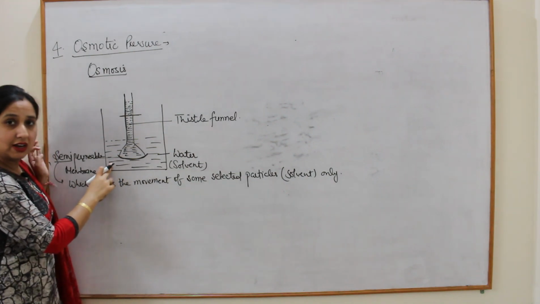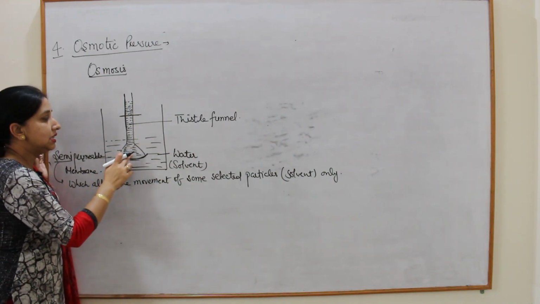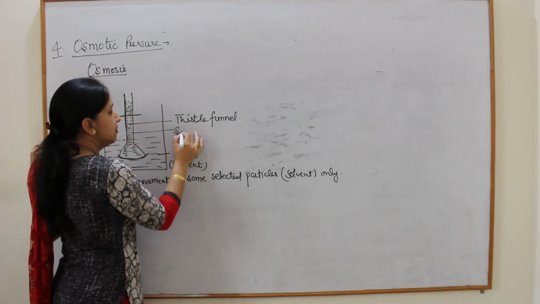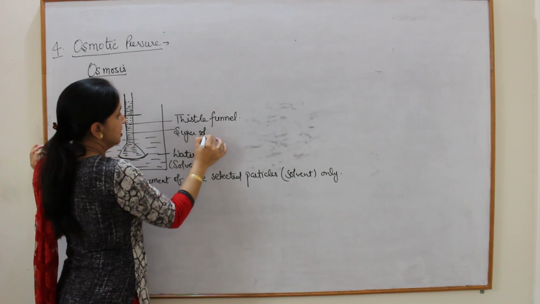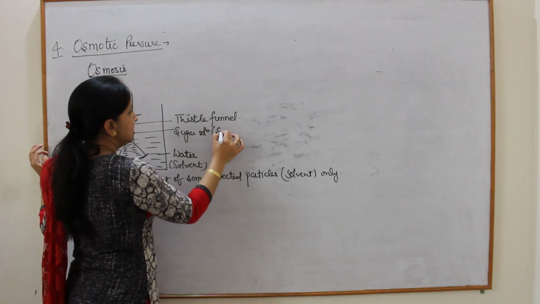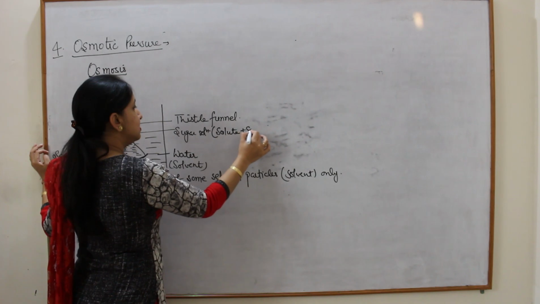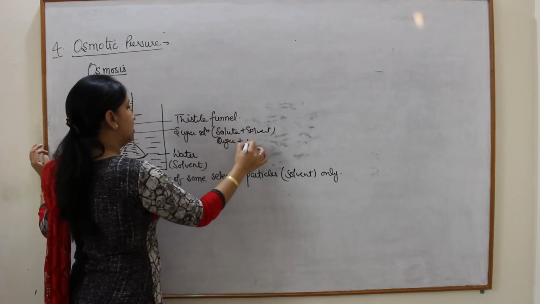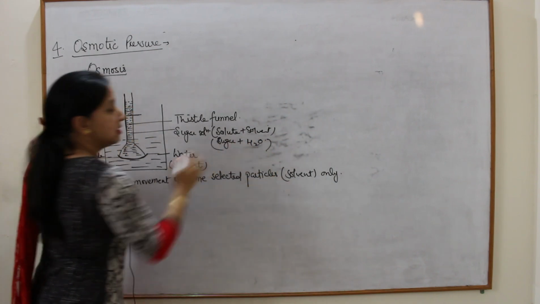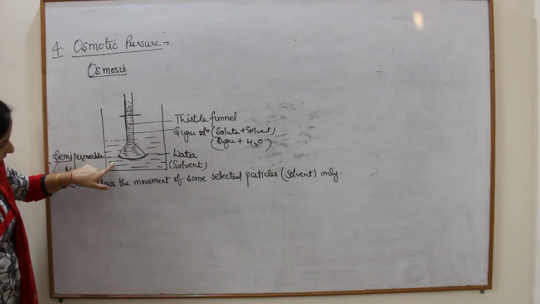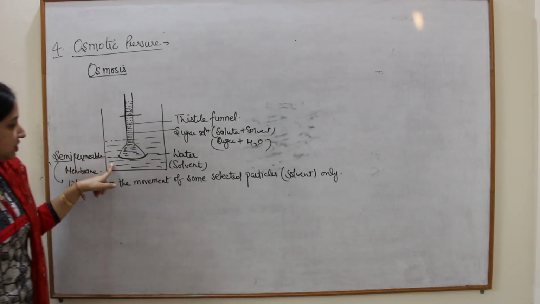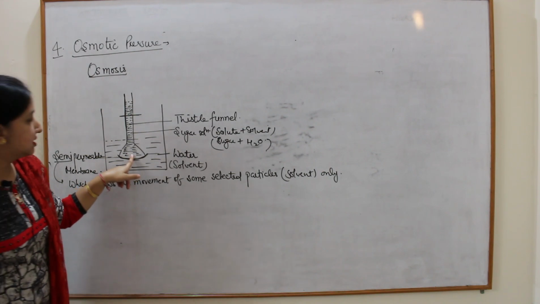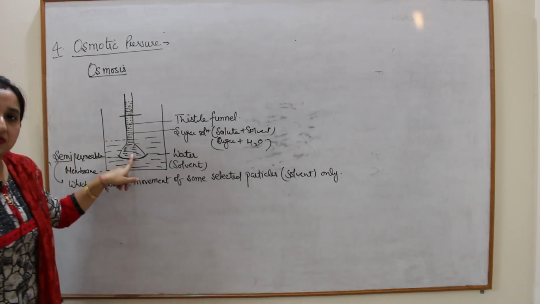In this vessel we have pure solvent, and in this funnel we have solution. Let it be sugar solution. So sugar solution means it has solute plus solvent. Solute means in this case sugar, solvent means water. So in this vessel the concentration of water is more as compared to the concentration of water in this funnel.